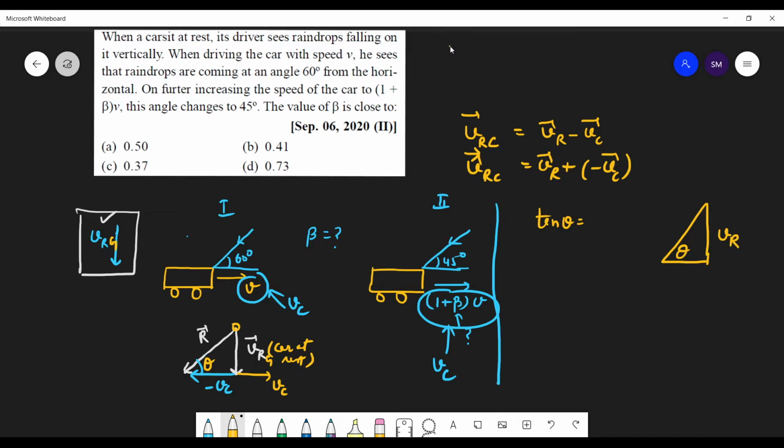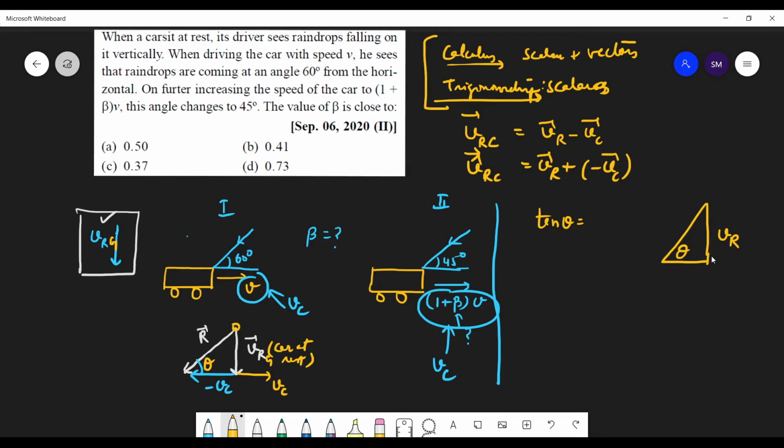When we are dealing with calculus, we deal with scalars and vectors both. But when we are dealing with trigonometry, we are dealing only with scalars.